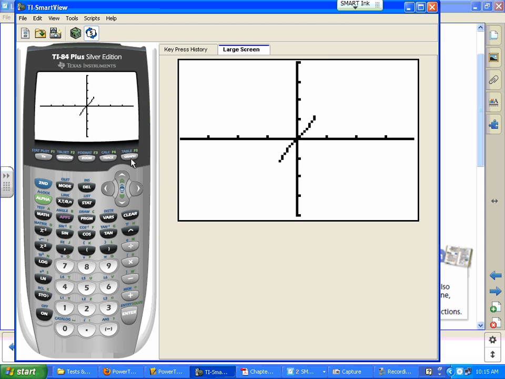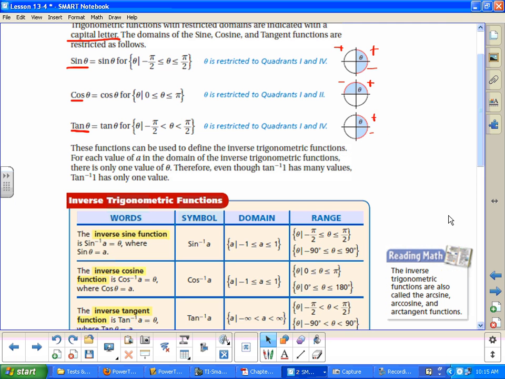So here's what you've got to do then, with our numbers, this number down here is negative, oops, I need to make that smaller. So when we're talking about sine and tangent, our number down here at the bottom is negative pi over 2, not 3 pi over 2. Okay?